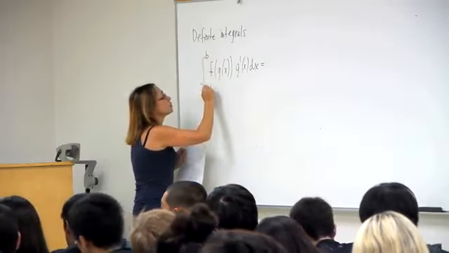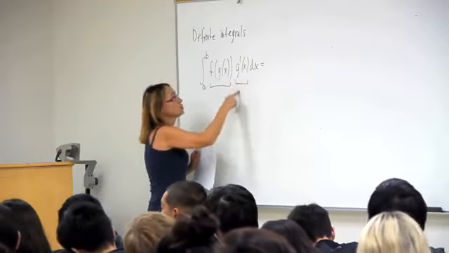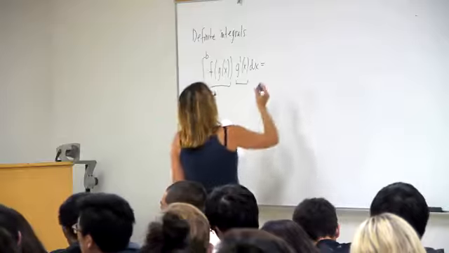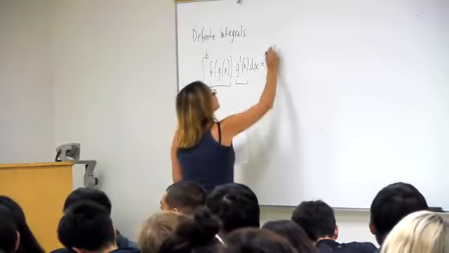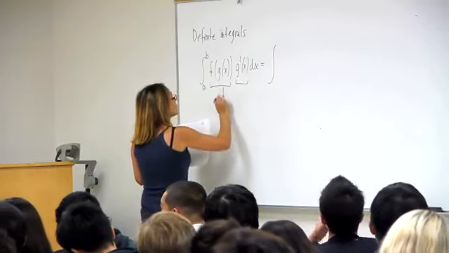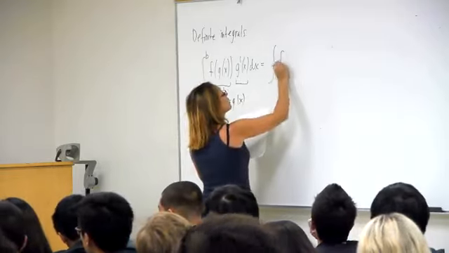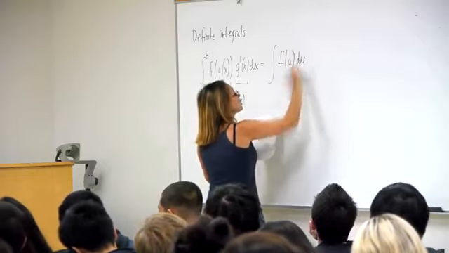If I have a composite function here and the derivative present inside the integral, I can rewrite it in terms of the new variable u in the following way. F of u du, just like before.